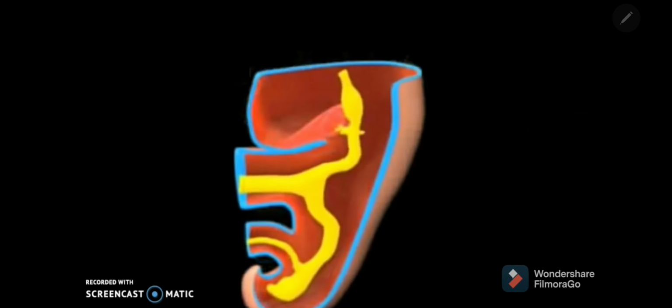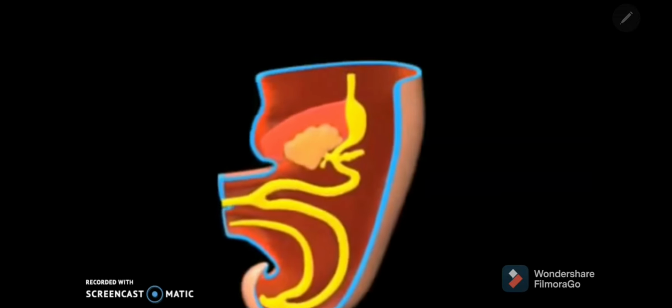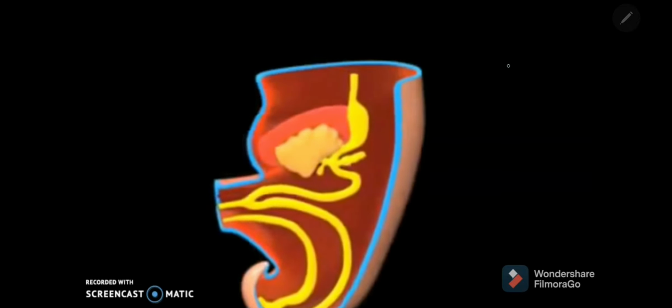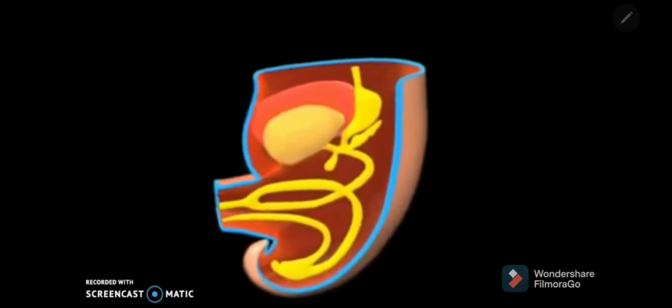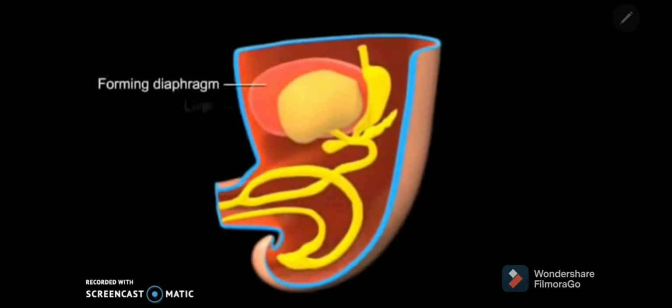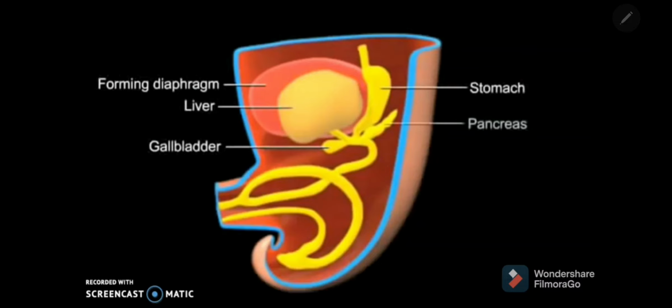You can notice here, this is the primitive gut tube, what you are seeing here. You can see here, this is the hepatocystic bud. Here you can see there is a pancreas, and whatever is above it is foregut, and you can see the midgut is undergoing a rotation there, resulting in the adult position.